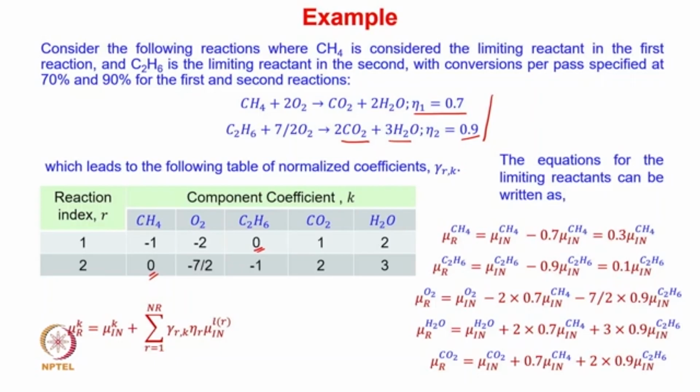Then oxygen O2 is getting consumed here, so 7 by 2 is the stoichiometric coefficient, which is represented as -7 by 2, since it is used as a reactant. Then C2H6 is also getting consumed, so its stoichiometric coefficient is -1. CO2 is getting produced, so its stoichiometric coefficient is 2, and water is getting produced, so its stoichiometric coefficient is 3.